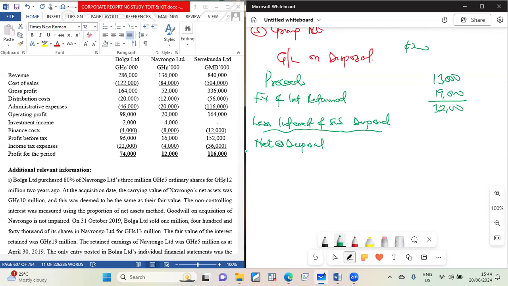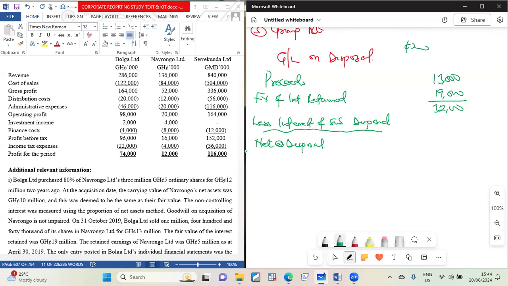In those examples that we were doing, we were given it, and we did an example where we were not given. And how did we come about that? We came about that by doing the net asset at acquisition, right? And we also had to do the share, so that one too, we had to do it.